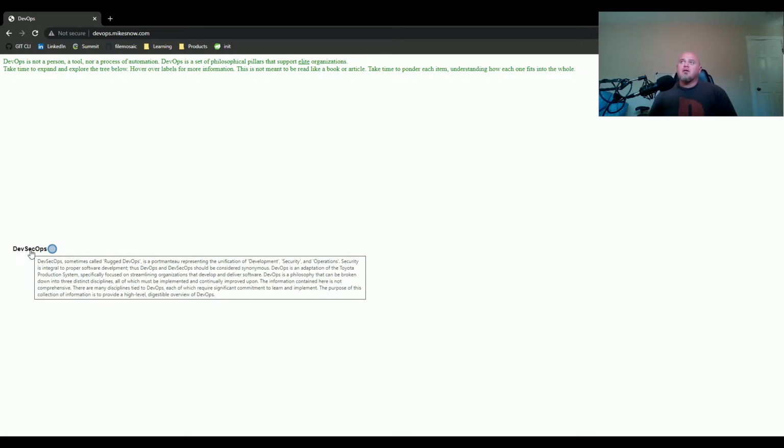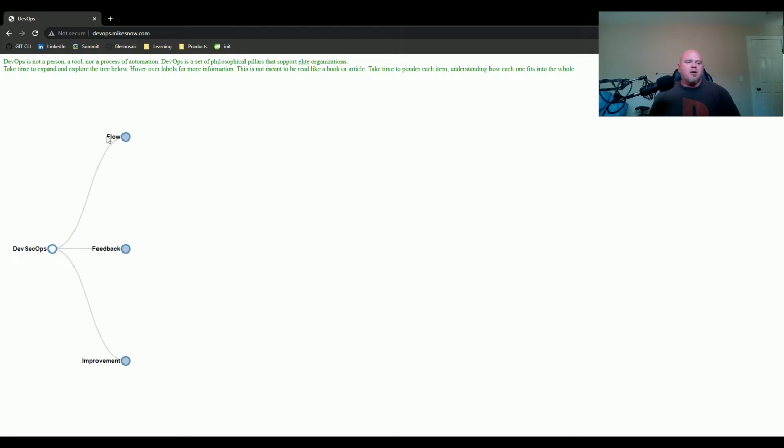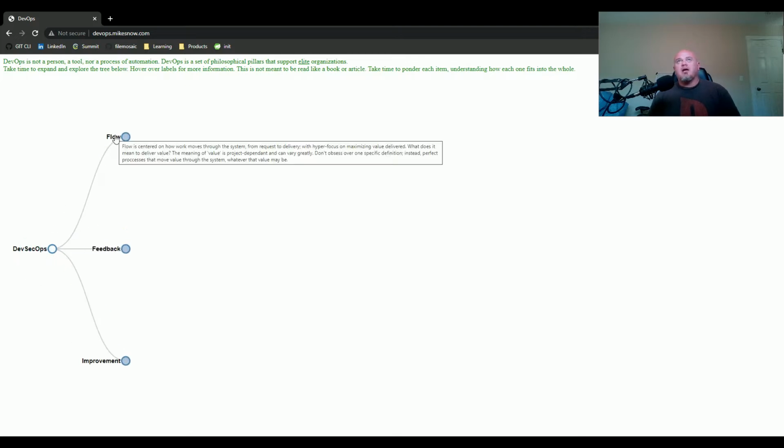I think pondering and reflection is huge when it comes to understanding DevOps. So take time, hover through, expand this tree out, just read it and think about it and reflect on what it means and how it docks into your understanding of DevOps, just for fun.